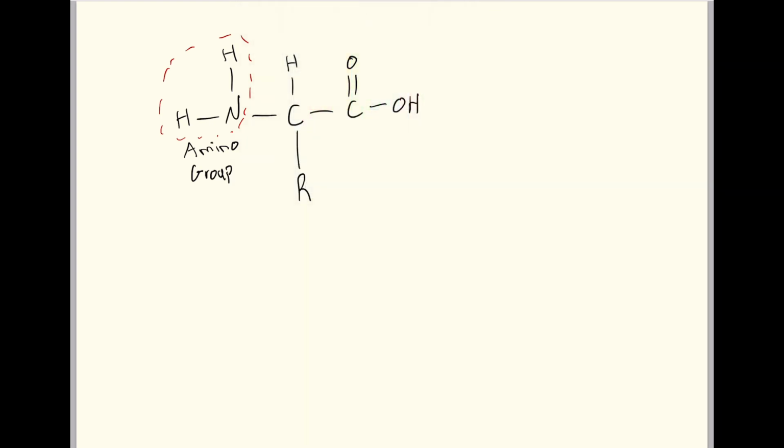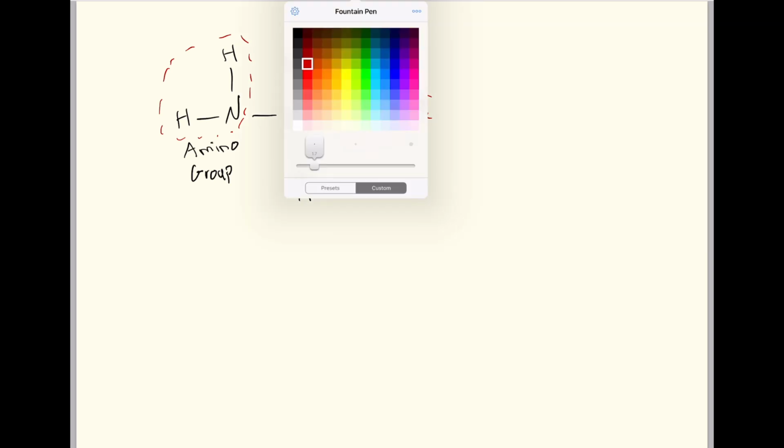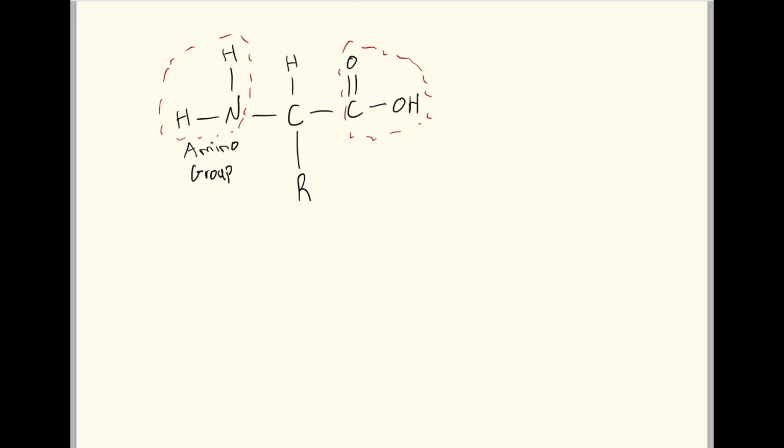This part over here is the carboxyl group. And this is the side chain. Okay, so that is what an amino acid is composed of.